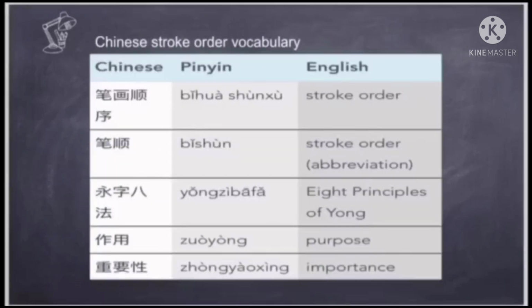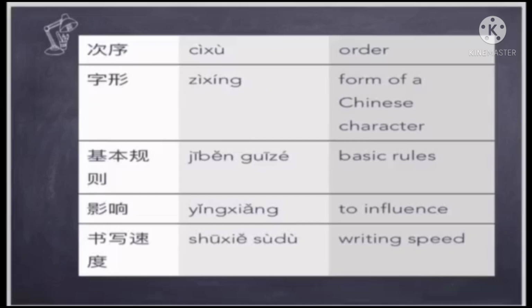Chinese stroke order vocabulary. Bihua shunxu, stroke order. Bishun, stroke order abbreviation. Yongzi bafa, 8 principles of yong. Mudi, purpose. Zhongyaoxing, importance. Shunxu, order. Zixing, form of a Chinese character. Jiben guize, basic rules.